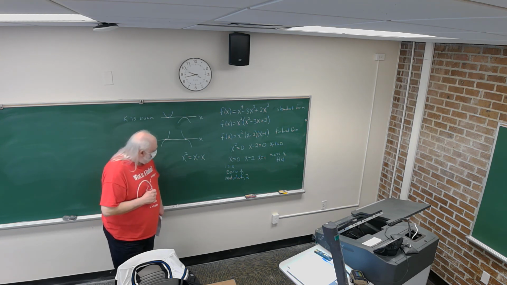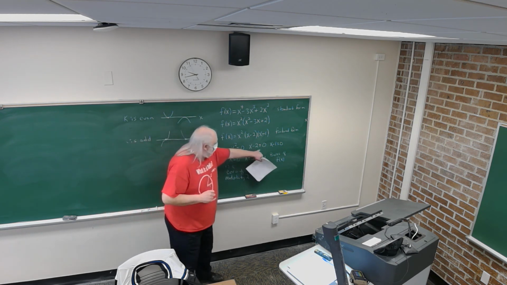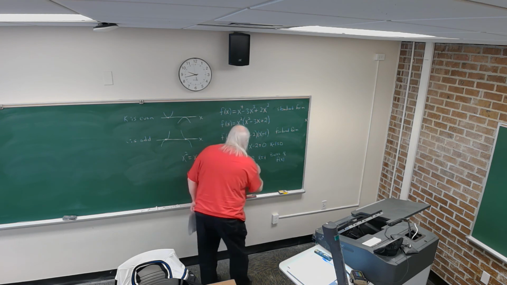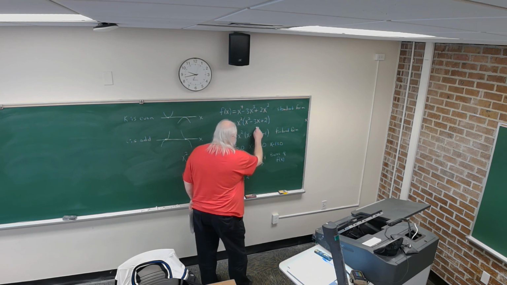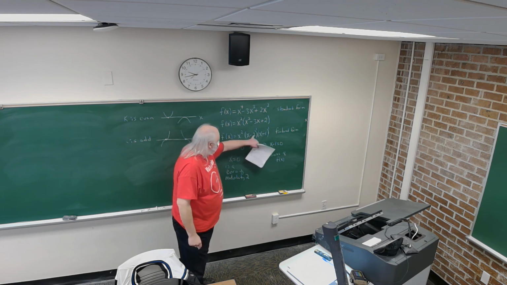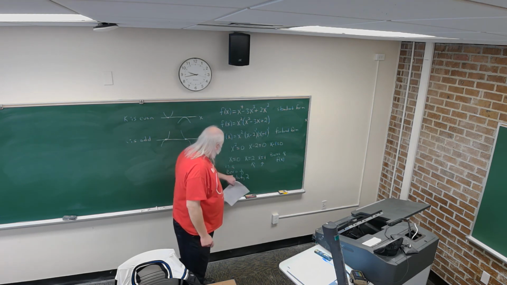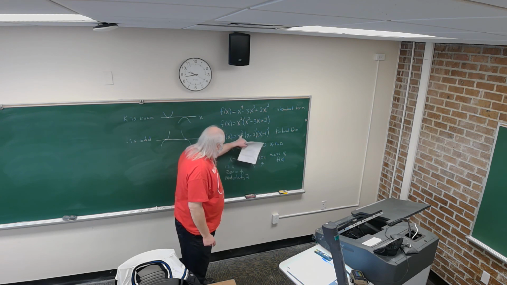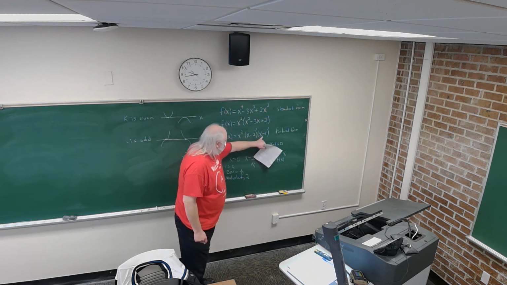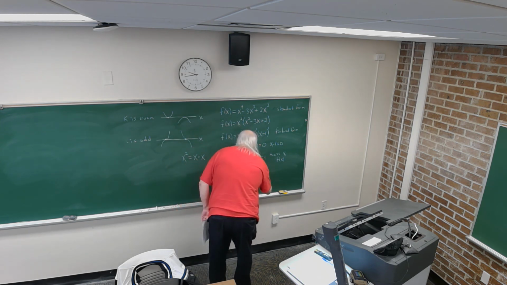So x equals 0 is a zero of multiplicity 2. These other two have a multiplicity of 1, because it's x minus 2 to the first power and x minus 1 to the first power. So the power on x minus 2 is 1, the power on x minus 1 is 1, but the power on x is 2. So x equals 0 is a zero of multiplicity 2, and x equals 2 and x equals 1 are zeros of multiplicity 1, which is odd.